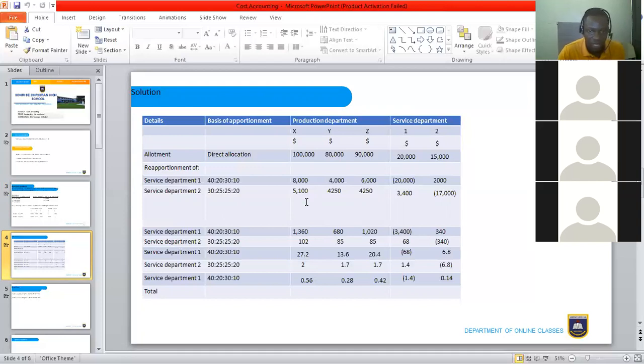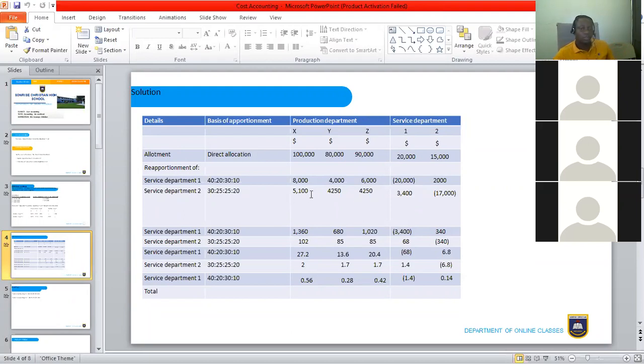Anybody who has the answer can just unmute and give us the answer. 30% of $17,000. Yeah, Stephanie. 5,100. All right, so this is it.